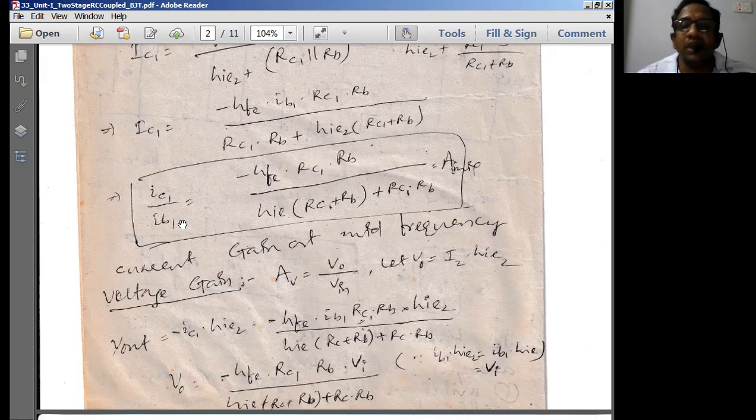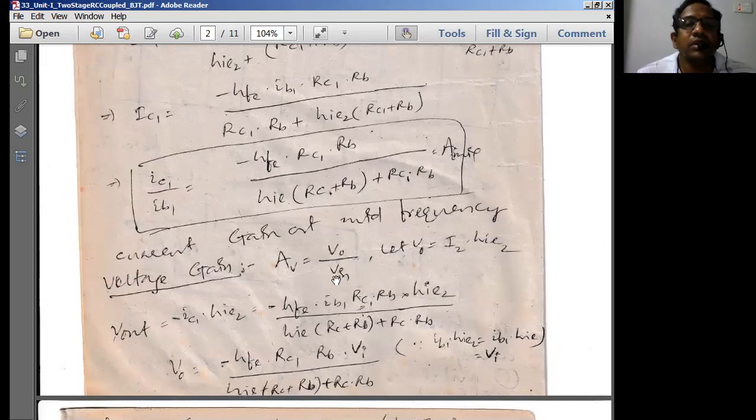As we are dealing with AC analysis, we represent all the collector parameters as small case parameters. So we write IC1 by IB1 equal to minus HFE into RC1 into RB by HIE2 into RC1 plus RB plus this particular factor. So this is the current gain at mid-band frequency.